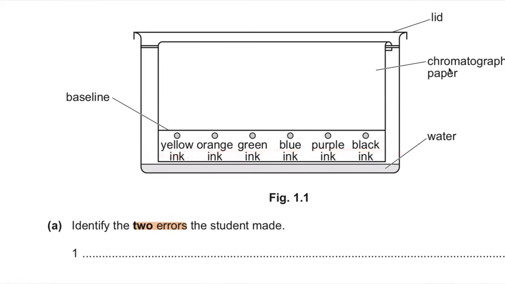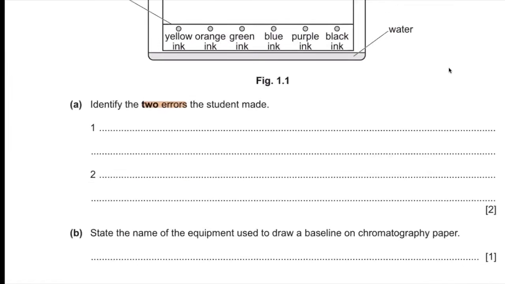But over here, the water is not dipped in the chromatography paper. Yes, very good, Saud. And the second error is that if you see all the spots, these spots must be present on the baseline like this, and these are not present on the baseline. So these are the 2 errors which we have identified in this.